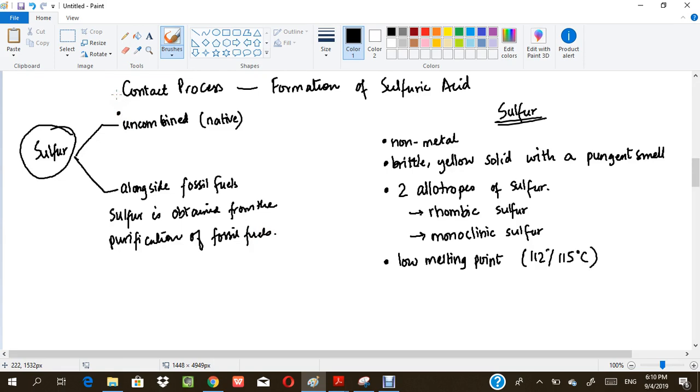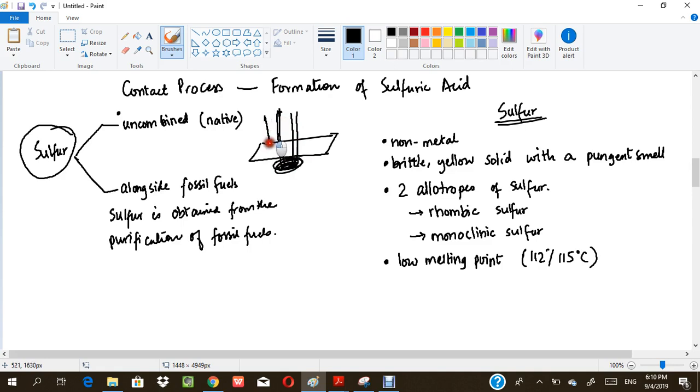So a small mine is set up in that area, and it's pretty easy to set up a mine for extracting sulfur. Why? Because you just have to identify the area. Let's say this is the area where we have sulfur underneath. We make a hole in this area, and we insert a pipe here, and then obviously there's a return pipe as well.